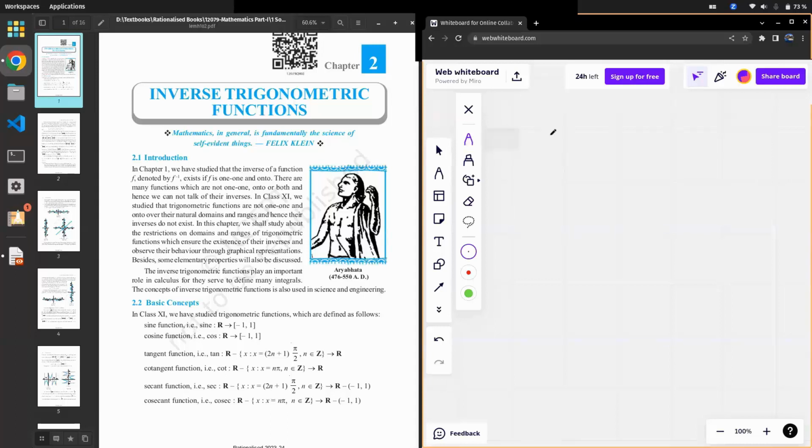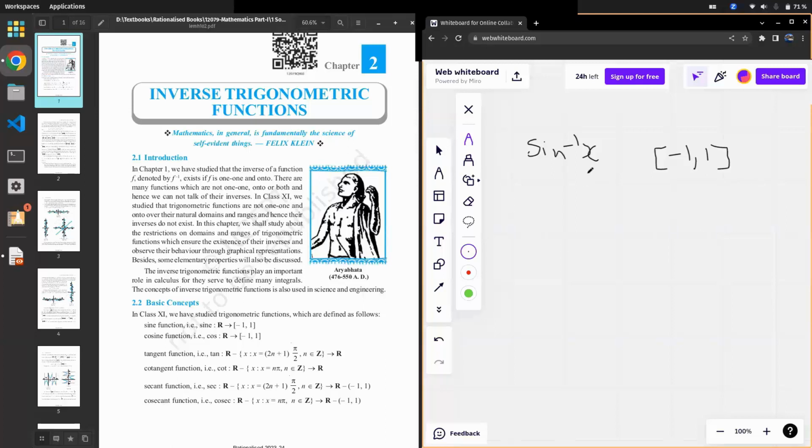First we talk about sine inverse x. This function sine inverse of x has a domain of -1 to 1. Whatever values of x you are taking, you should take from the set -1 to 1.